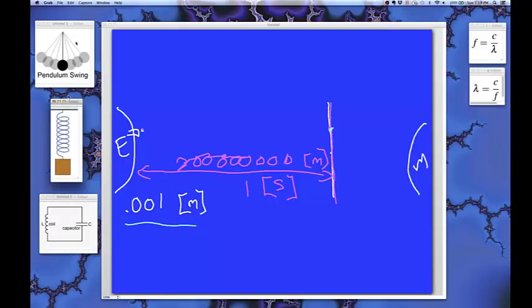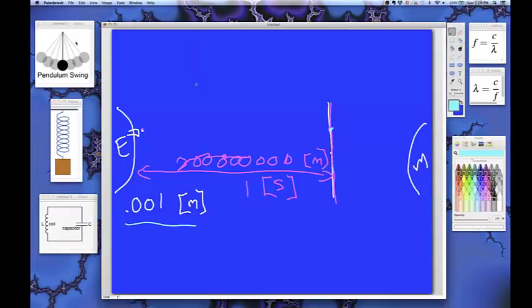Okay, the pendulum swings between potential energy and kinetic energy. So when the pendulum is, let's just get a pen here, draw a pendulum. Okay, so here's the pendulum. When the pendulum is up here, it's got the maximum potential energy.